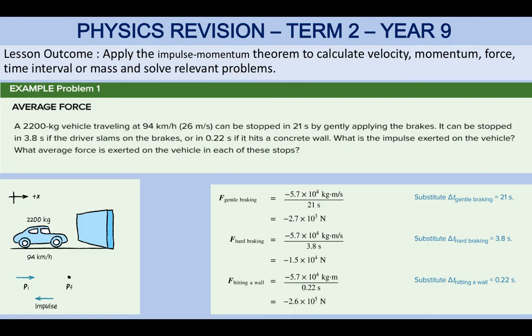So if you notice here, for the 21 seconds, if you put it in the normal numerical number, you will get negative 2,700 Newton, and the second one will be 15,123.